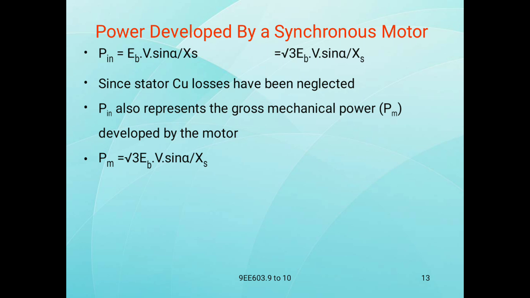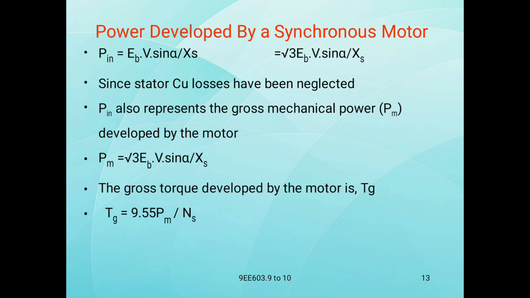Now Pm is equal to root 3 Eb V sin alpha by Xs. The gross torque developed by the motor is Tg, gross torque is equal to 9.55 Pm by Ns.